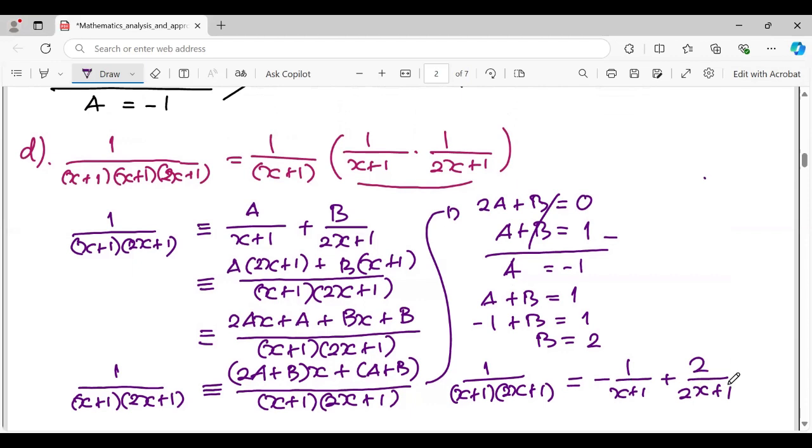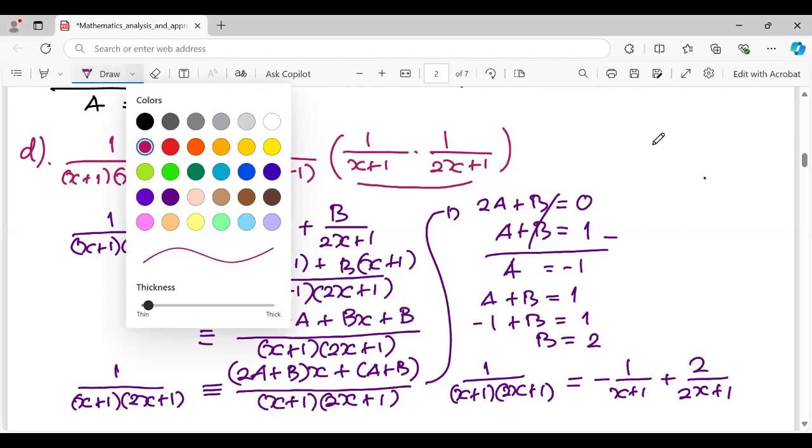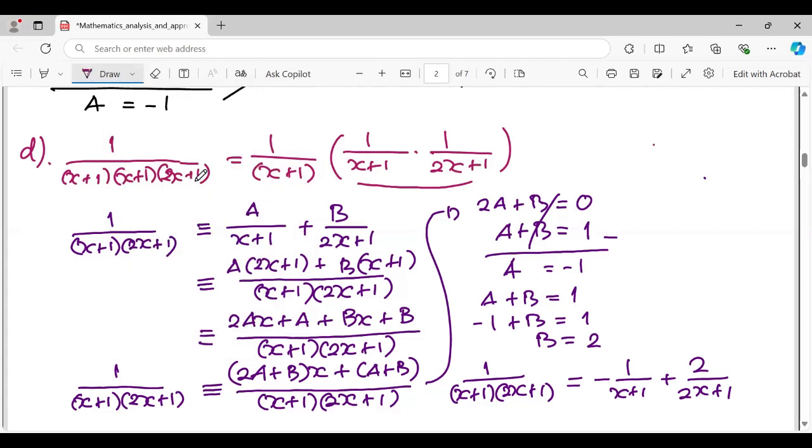So this term, I will write with this part, as we continue to expand this.